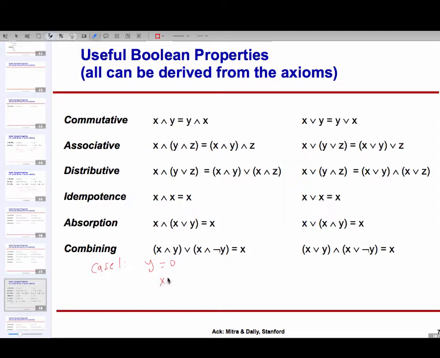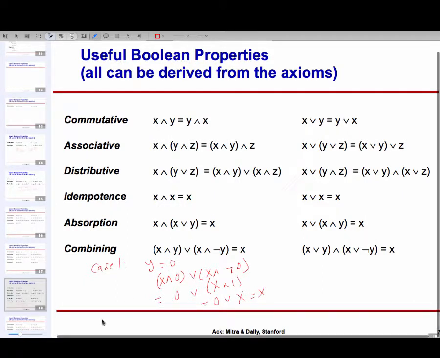In that case, this is (x and 0) or (x and not 0), which is the same as 0 or (x and 1), which is the same as 0 or x, which is the same as x. And you can do the same thing for case 2, y equal to 1. I'll let you do it, and the same thing for the right hand side. So this is the combining property, which again is very useful in simplification.